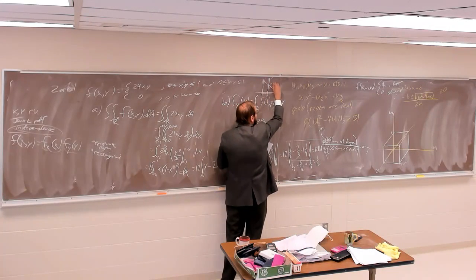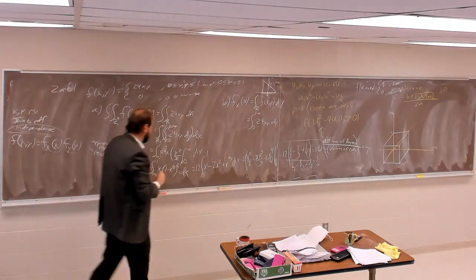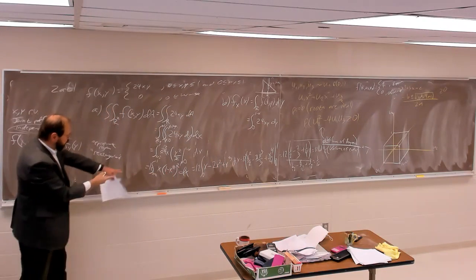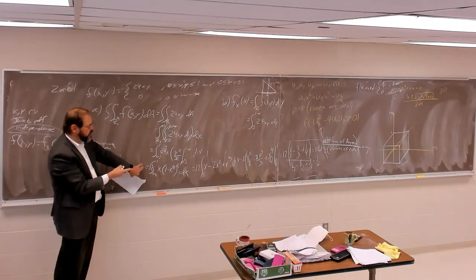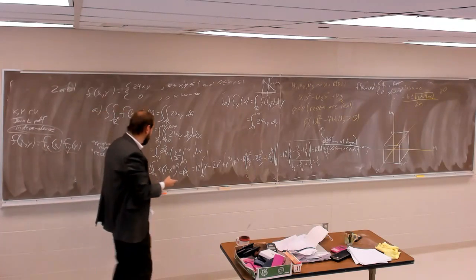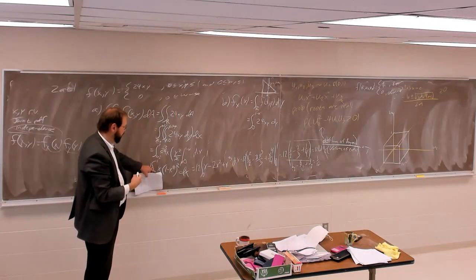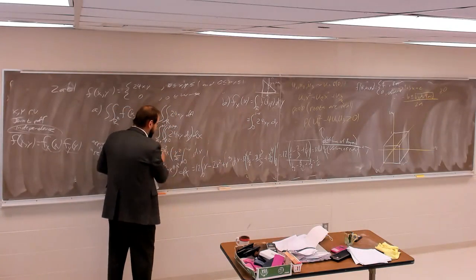Because this is my y equal to 1 minus x. Actually, it looks like the first calculation that I ended up doing here, correct? Right, which would be when before I had to integrate the second piece.